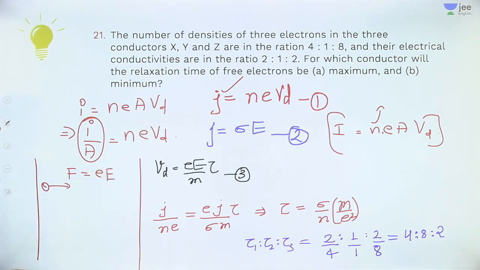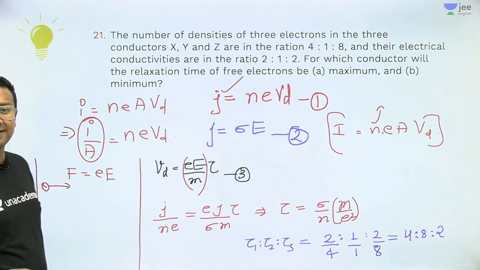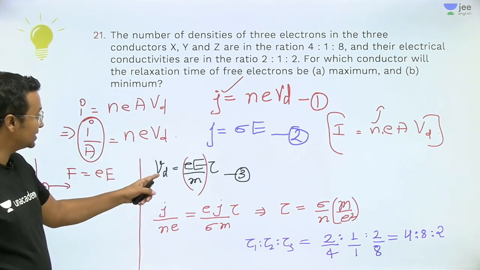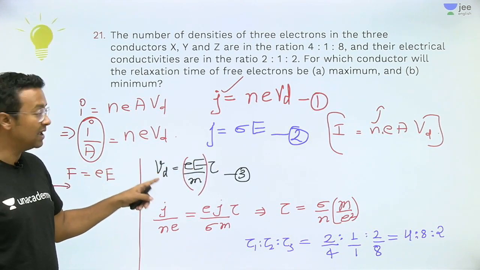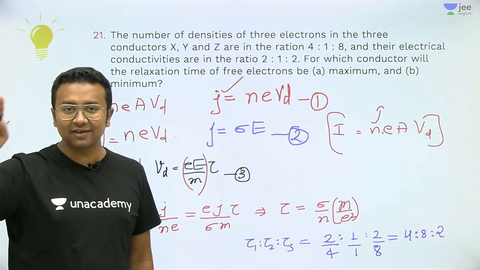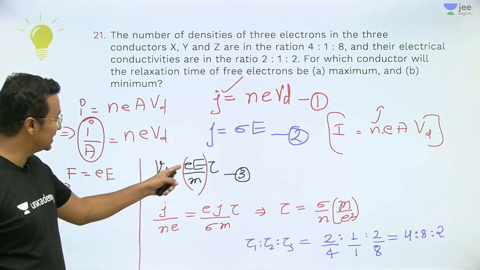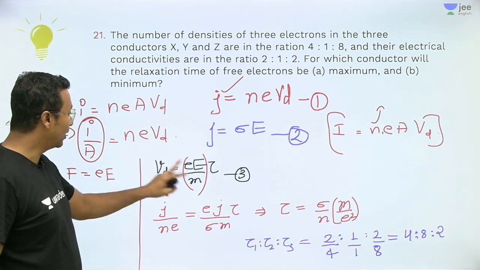So what will be the acceleration? e E upon m. That will be the acceleration of the electron, and if it is moved for time t, then Vd as per the formula v equals u plus at, you will have Vd as equal to eE by m into tau.